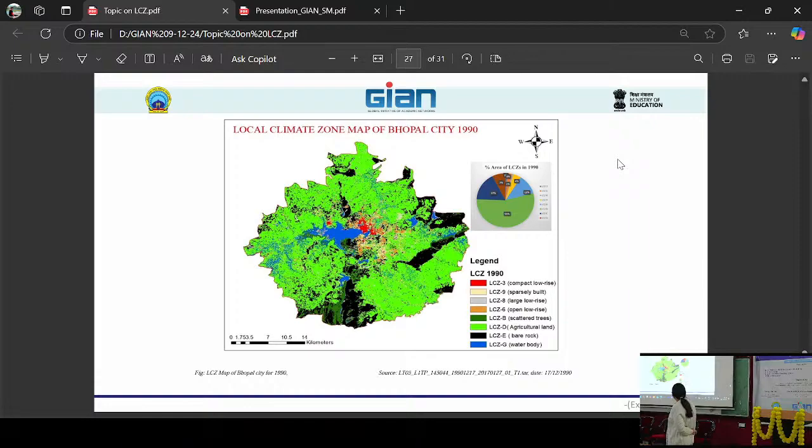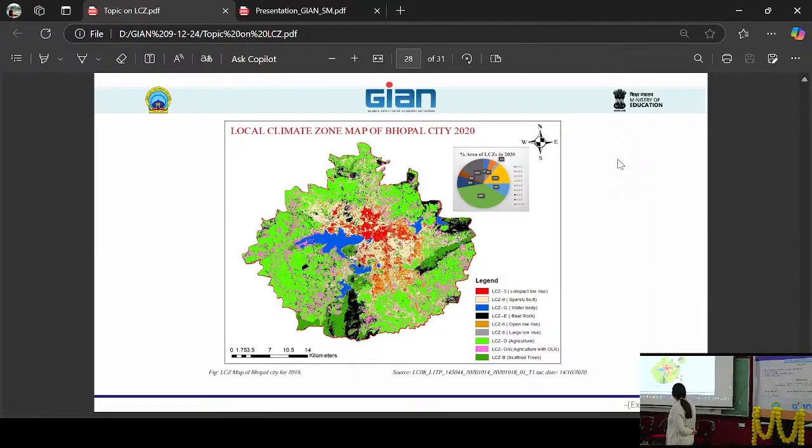Now, over 20-30 years, if we see 2020, this is the kind of development we are having, where mostly it is compact low-rise. Then again we are seeing large low-rise, open-rise which are spread, and this is sparsely built areas on the fringe areas, and we will see compact low-rise and open low-rise, large low-rise areas also in between. So, this is the typology now and classification.